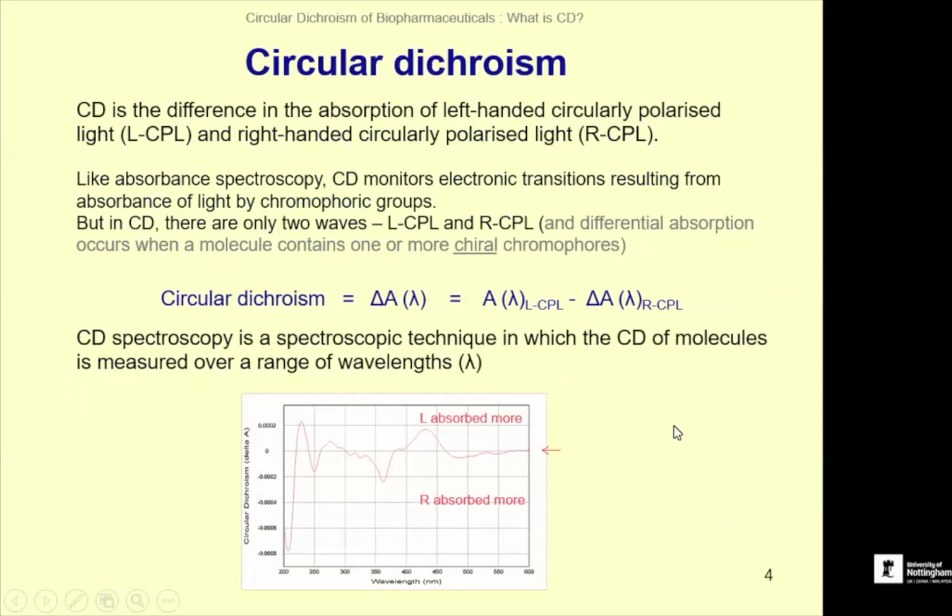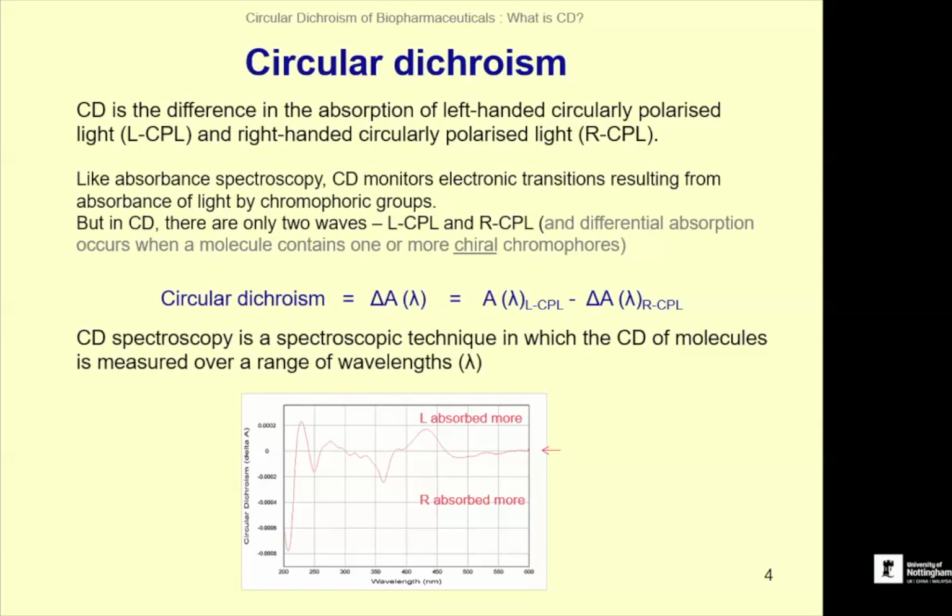Okay, so to begin at the beginning, what is CD? So what you have in CD are 2 opposing light waves, left-handed circularly polarized light and right-handed circularly polarized light. And CD is the differential absorption of one or other of those different light sources.